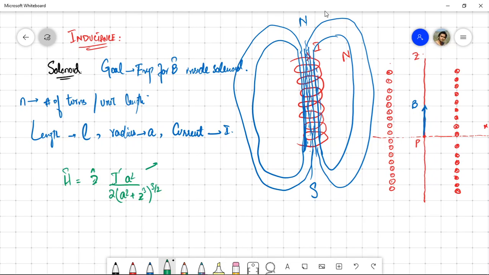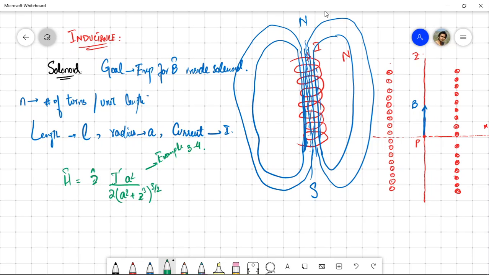We derived this expression in example 3-4, and this is the same example that you inquired about, where I said we'll discuss what the direction of magnetic field intensity will be above or below the circular loop. So this corresponds to that example.